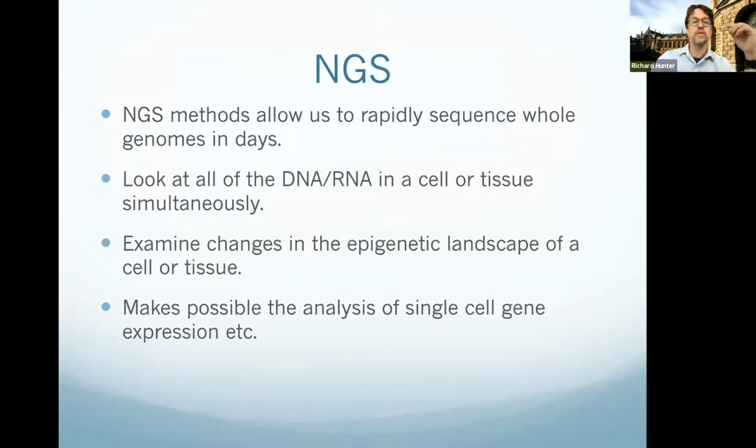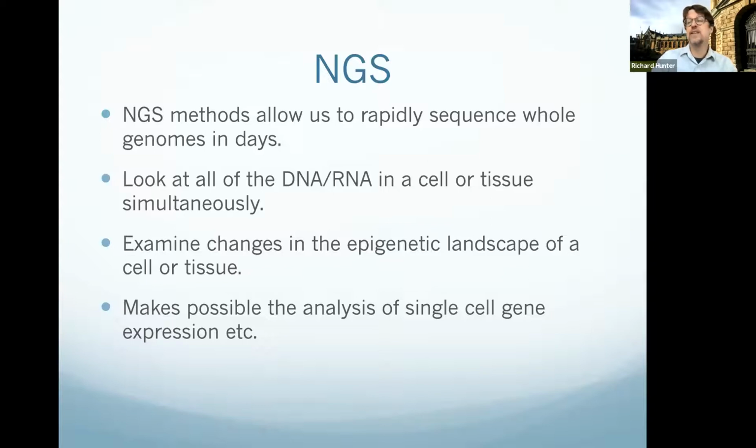Okay, so you can also look at DNA and RNA simultaneously. You can look at the underlying DNA, and you can look at the epigenetic landscape underlying it. Very often people will look at this whole epigenetic landscape for a particular set of marks. So they might look at histone methylation in a particular cell type or tissue, and then look at the expression of genes in that tissue so that they can correlate the gene expression with the epigenetic changes.